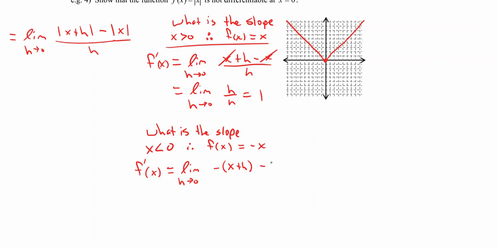And then minus negative x, all over h, which is equal to the limit as h approaches 0 of, again, all my x's cancel if you expand all that out, but I end up with negative h over h, which would be negative 1. And again, that makes sense, right? This would be going down 1 over 1, right? So that would be my slope on that graph.